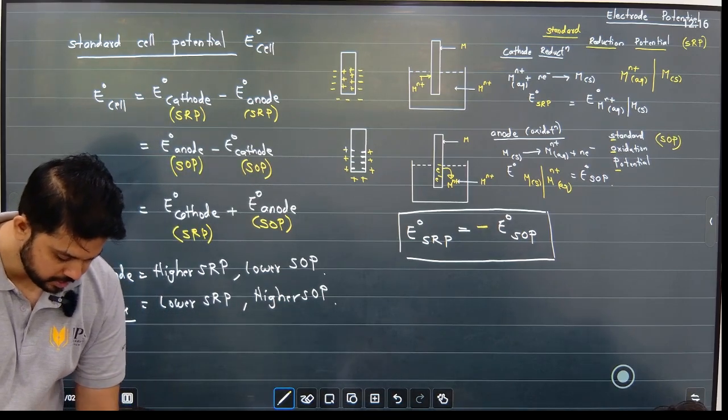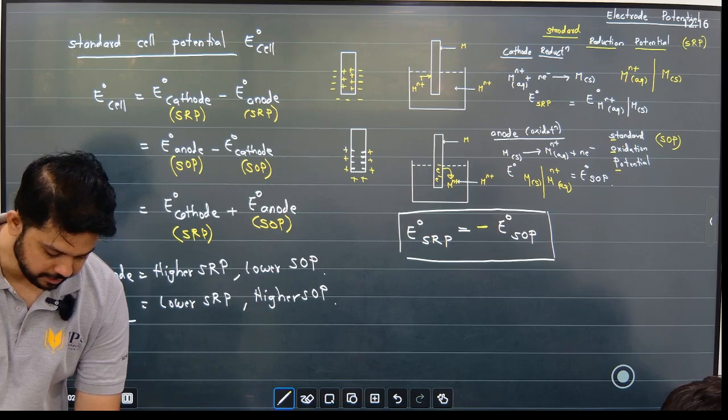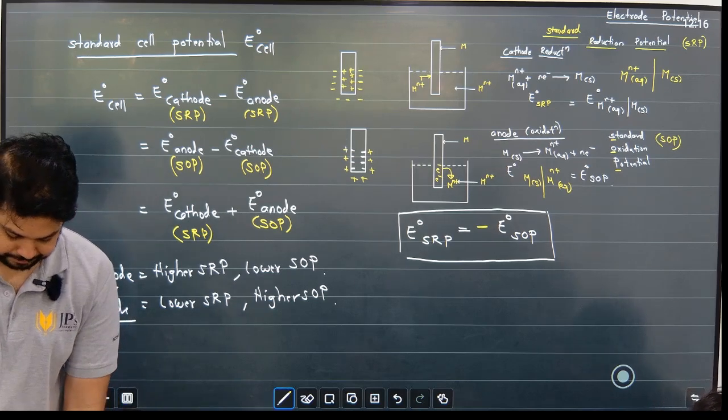Electrode potential. We'll first write the theory for the same.